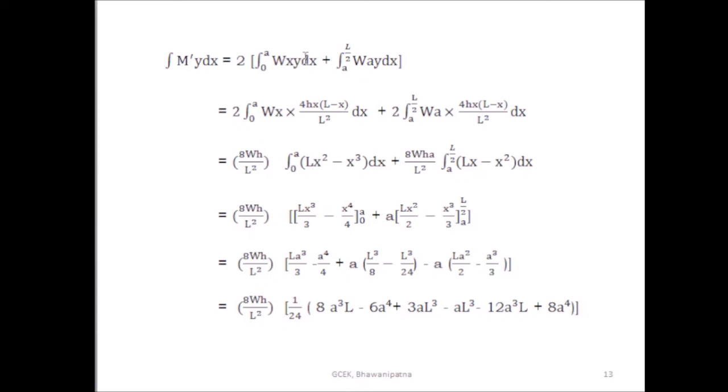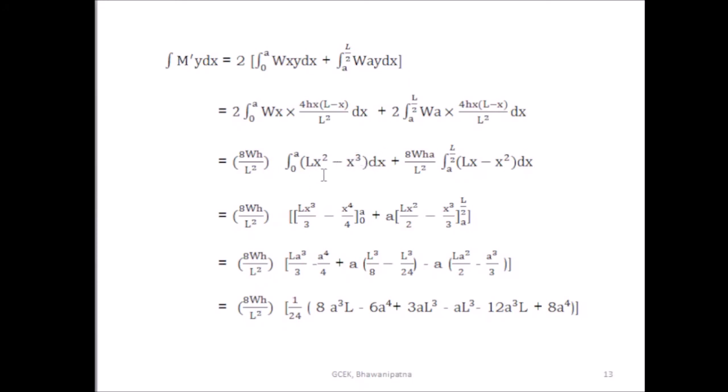Then after putting the y value, you know y is equal to 4hx into l minus x by l square, the parabola equation. So 0 to a integration wx into 4hx into l minus x by l square into dx, plus 2 times a to l by 2 integration wa into 4hx into l minus x by l square into dx.